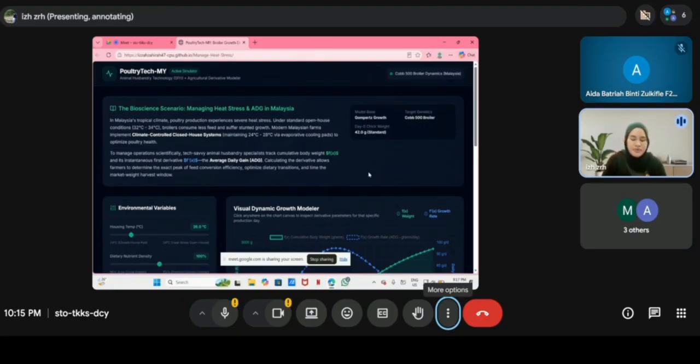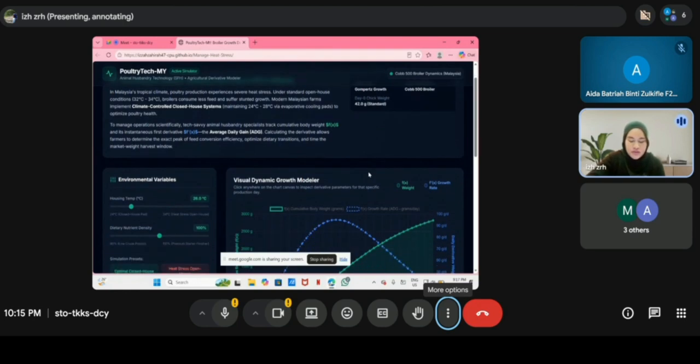To manage this operation scientifically, tech-savvy agricultural specialists rely on the Gompertz growth curve, denoted here as f(x). This function yields the cumulative mass of the broiler in kilograms on day x. However, looking at cumulative weight isn't enough.